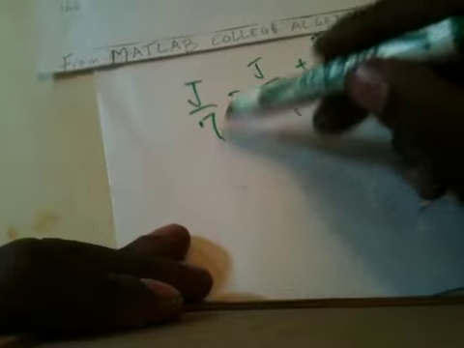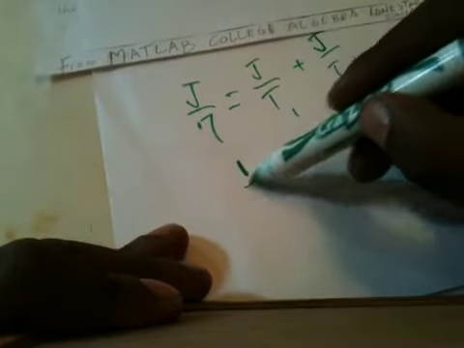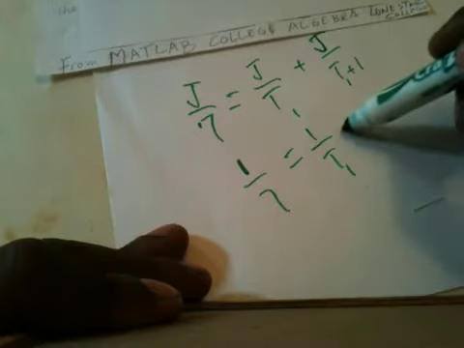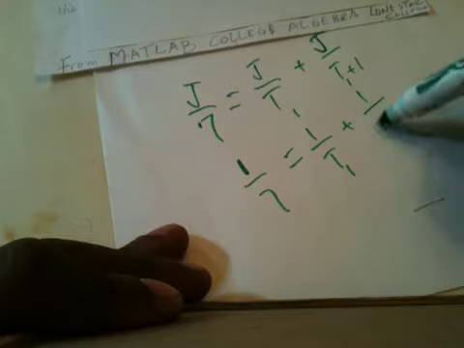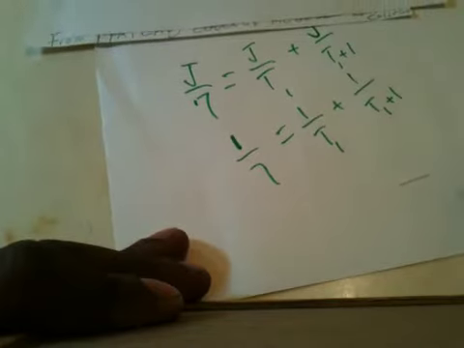So I can just write it like this: 1 over 7 is equal to 1 over T1 plus 1 over T1 plus 1. Since I only have T1, I can either call it T or just T1, so it will be easy.